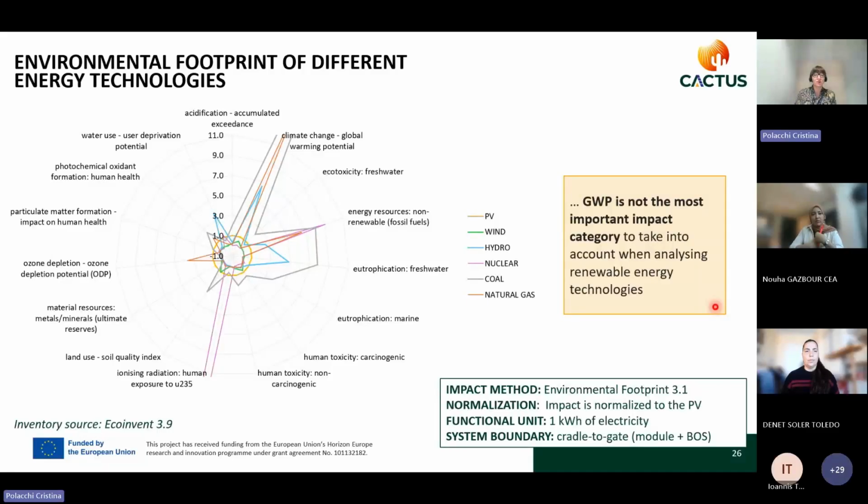In fact, in this graph, different impact categories are compared in terms of 1 kilowatt hour of electricity produced. We see that in the material resources category, the PV has the highest impact, even compared to natural gas or coal. So it's really important to measure all the impact categories.